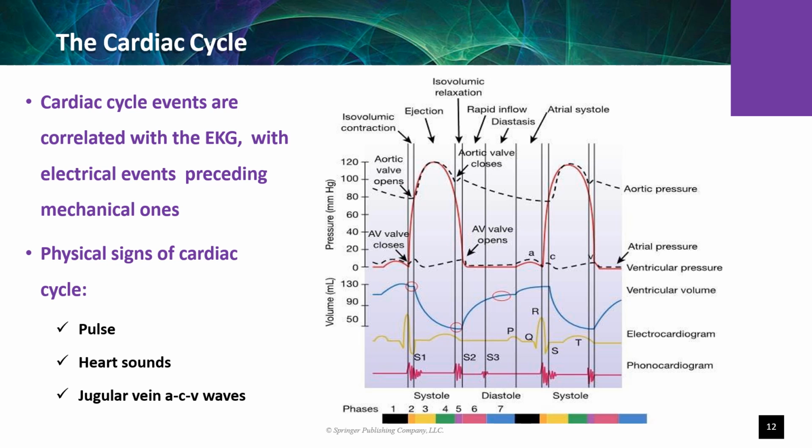On physical examination, this phase is also associated with the S1 heart sound due to the closure of the mitral and tricuspid valves. As soon as ventricular pressure exceeds aortic diastolic pressure, the aortic valve opens and ejection begins.